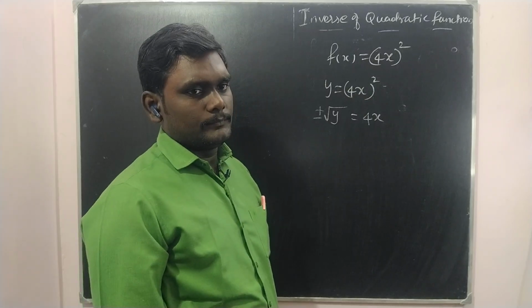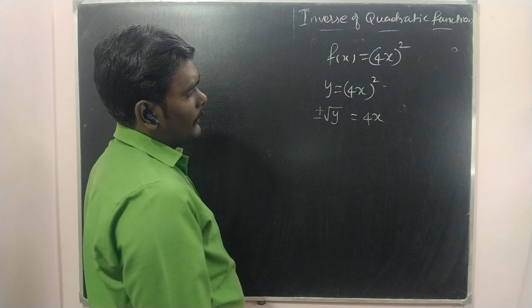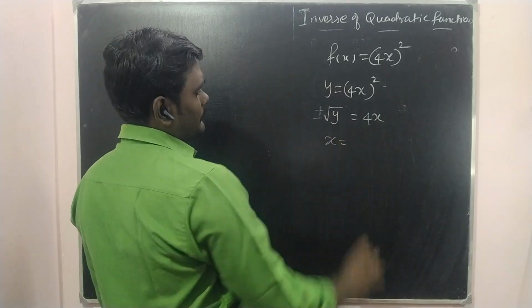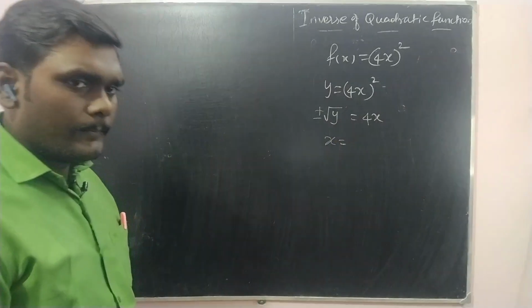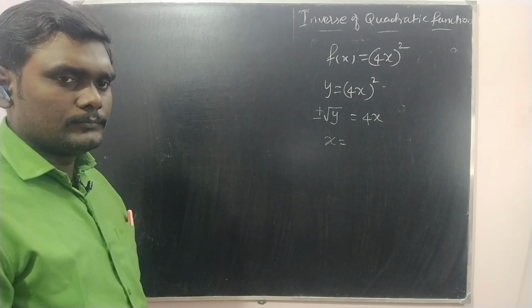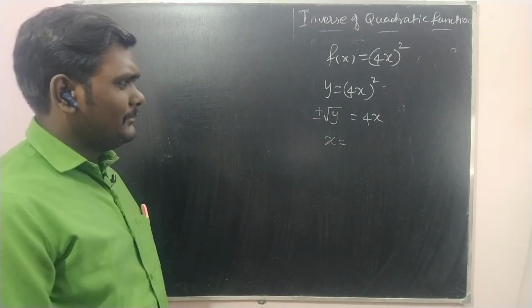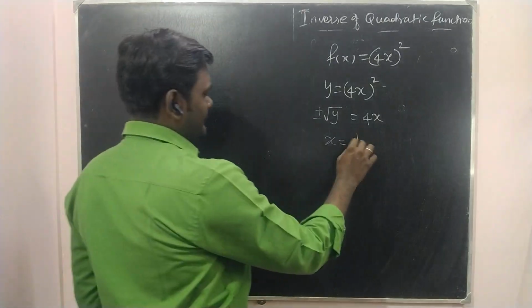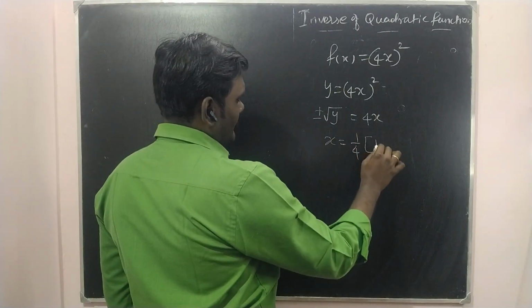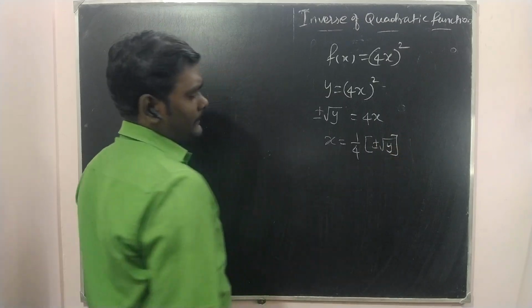And then what is the value of x from this? So, yes, 1 over 4 times plus or minus root y.